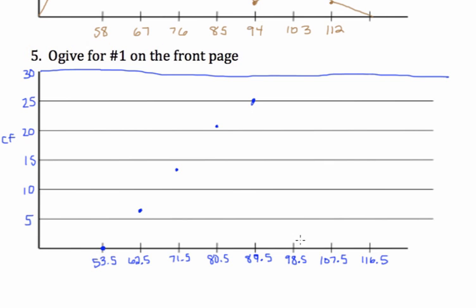Again, I'm looking at the cumulative frequency part of my table. Then you connect your ogive with straight lines. Pretend these are straight lines. I'm awful at drawing straight line segments.